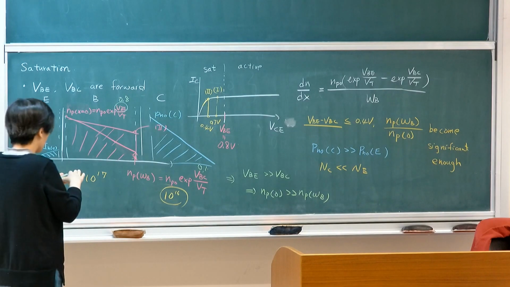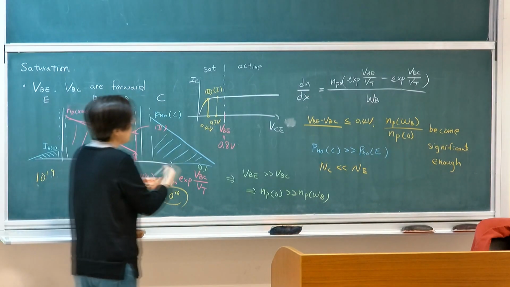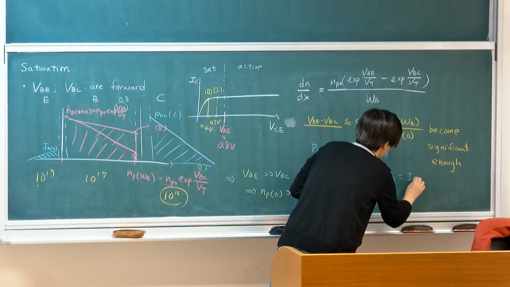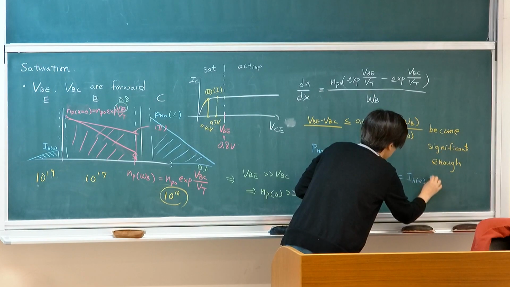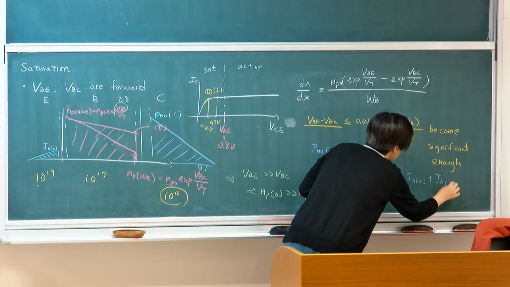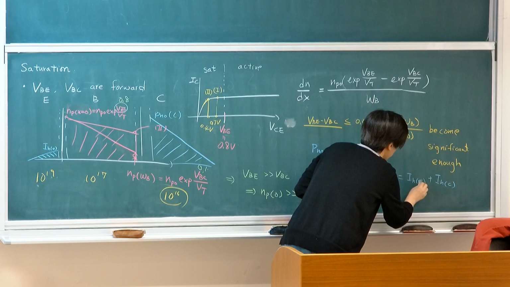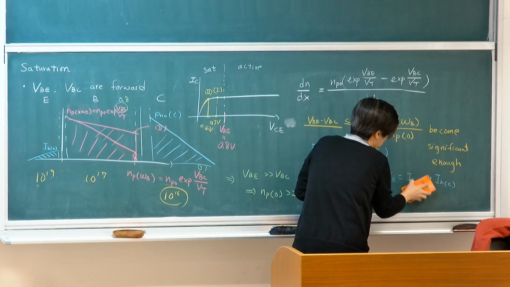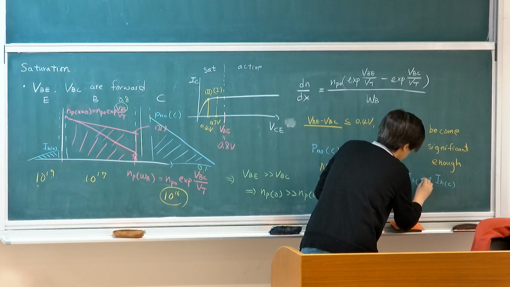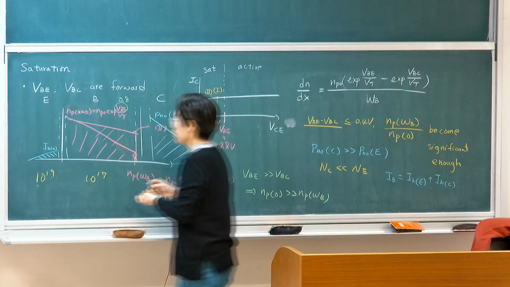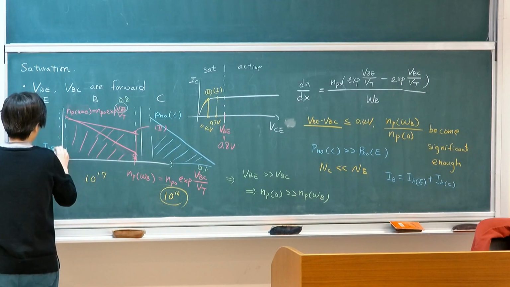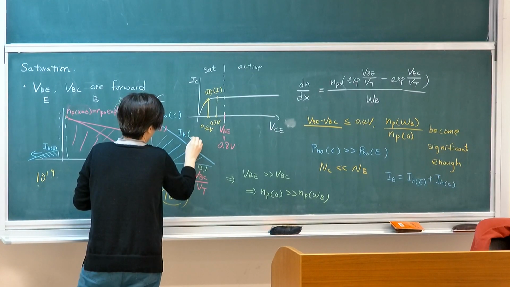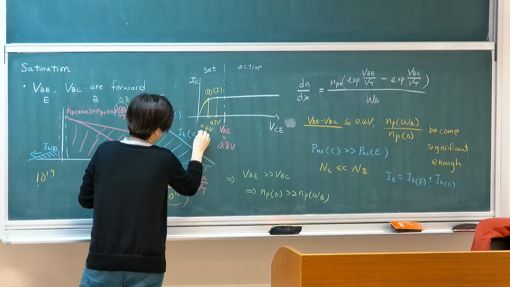So you will then see a significant raise in base current, because my base current, IB, will then have to supply both sides, in both the emitter and collector.